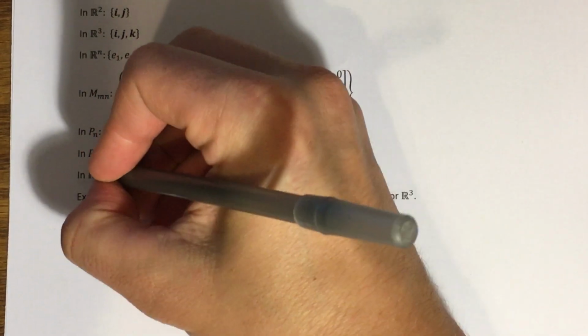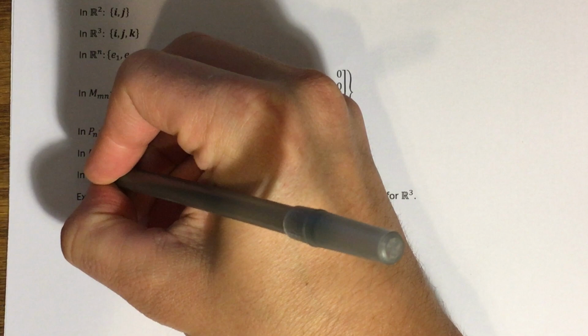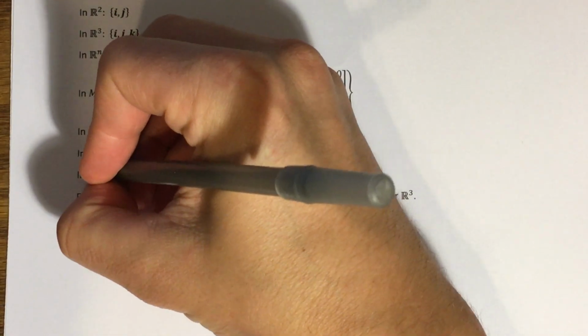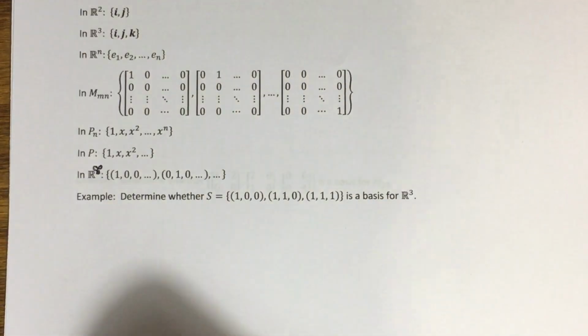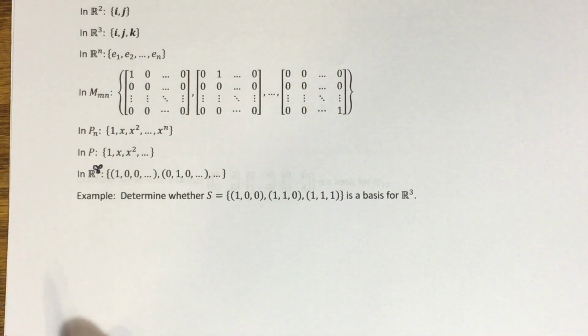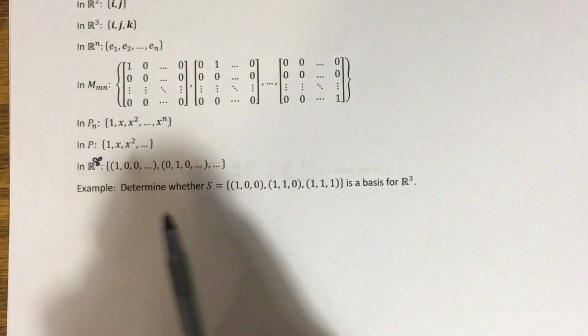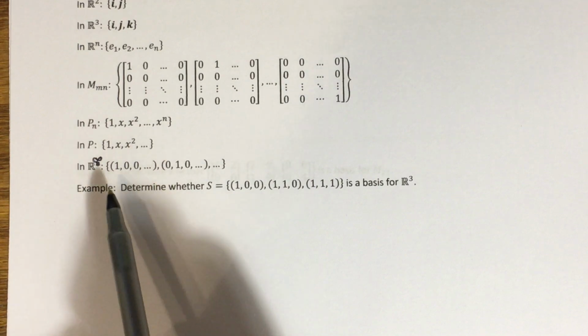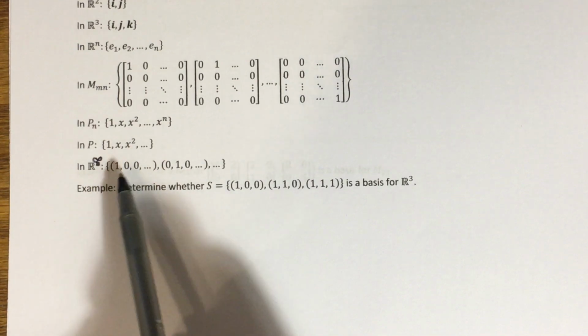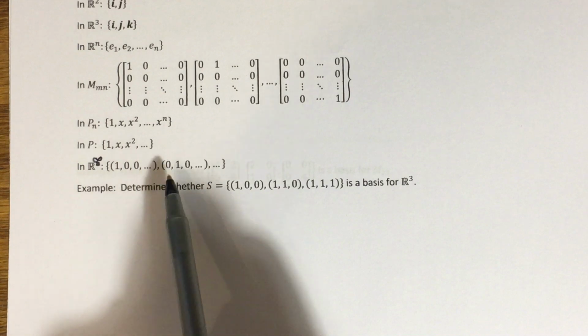Finally, oh, this is a typo here. Let me fix this. Remember the space R infinity. R infinity is the vector space of all sequences of real numbers with component-wise addition and scalar multiplication.